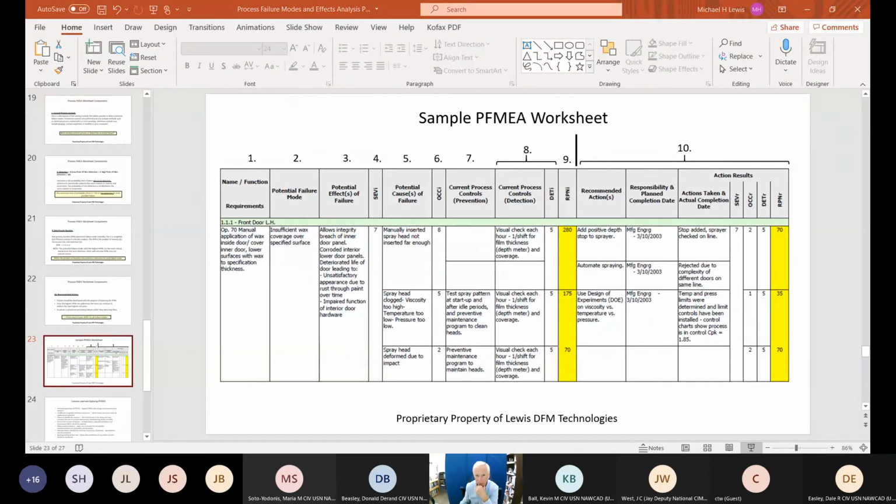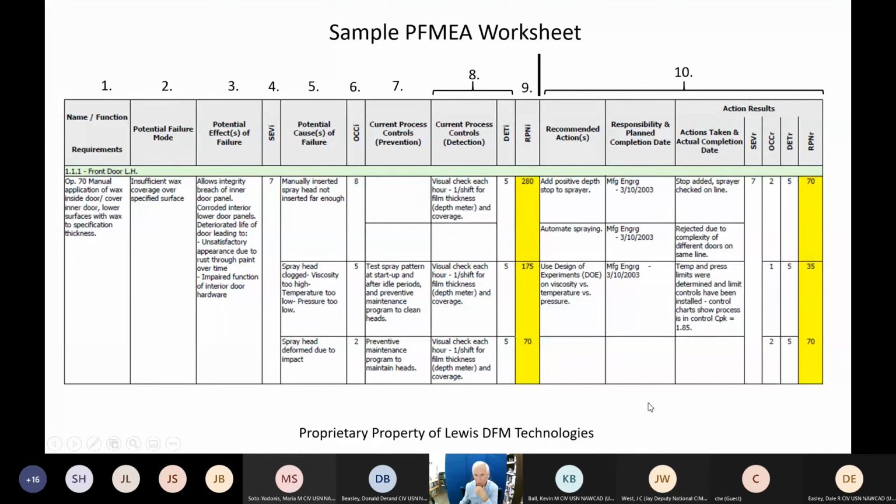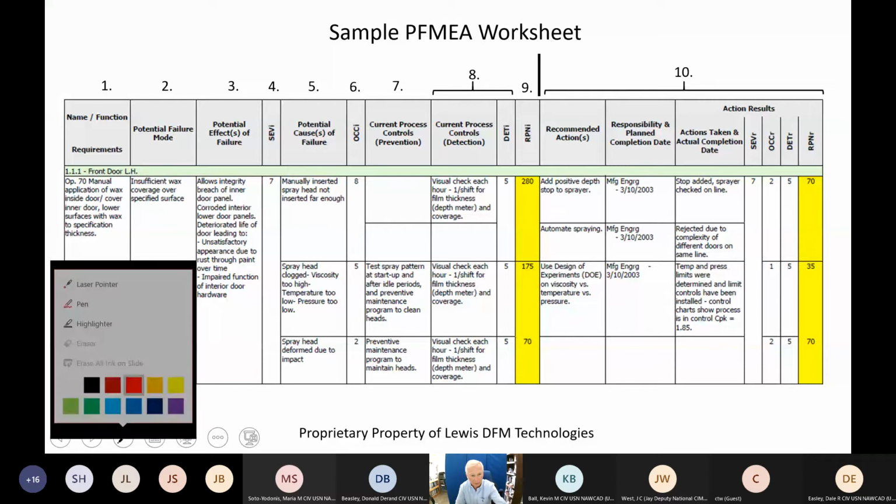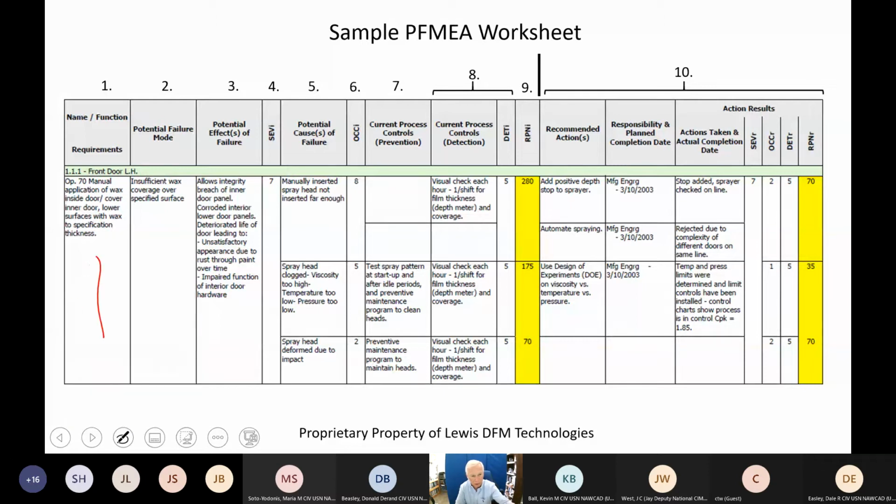Okay, does everyone see that we're back on the sample PFMEA worksheet? Yep, looks good. Good, thank you for the confirmation. Okay, so we already talked about this, already talked about that. We're moving on to right here, number 3, potential effects of the failure.